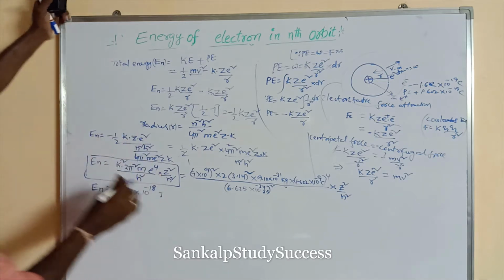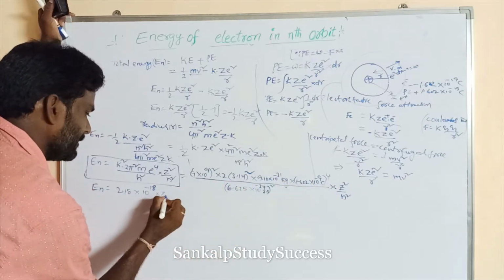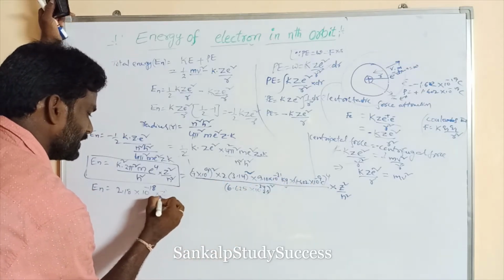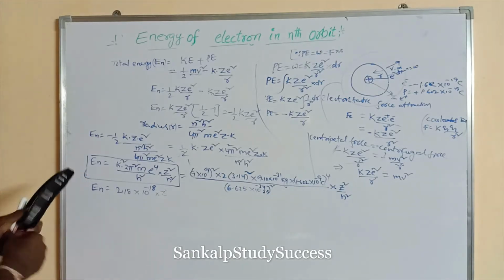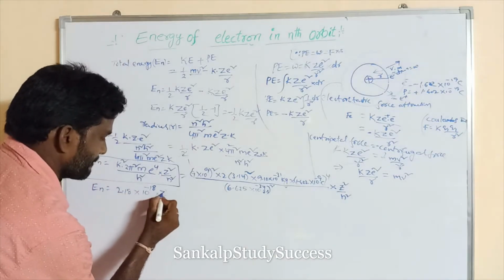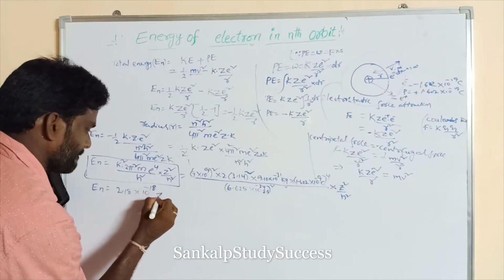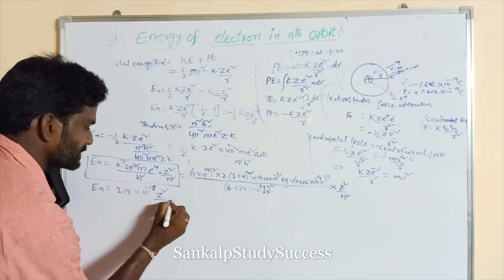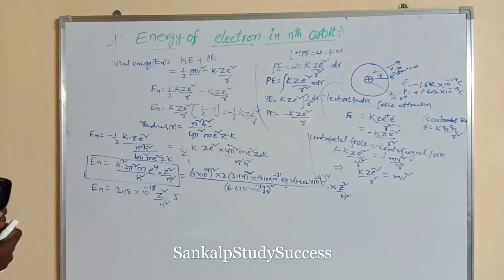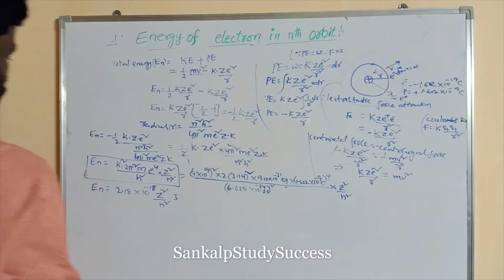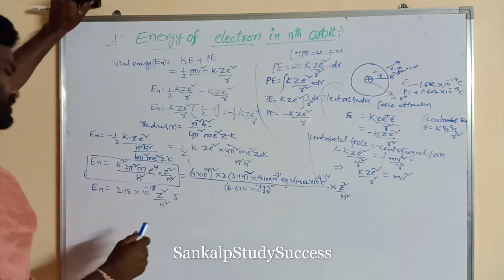En is equal to 2.18 into 10 to the power of minus 18 into z square by n square joules. So this is the energy of electron in the nth orbit in joules.